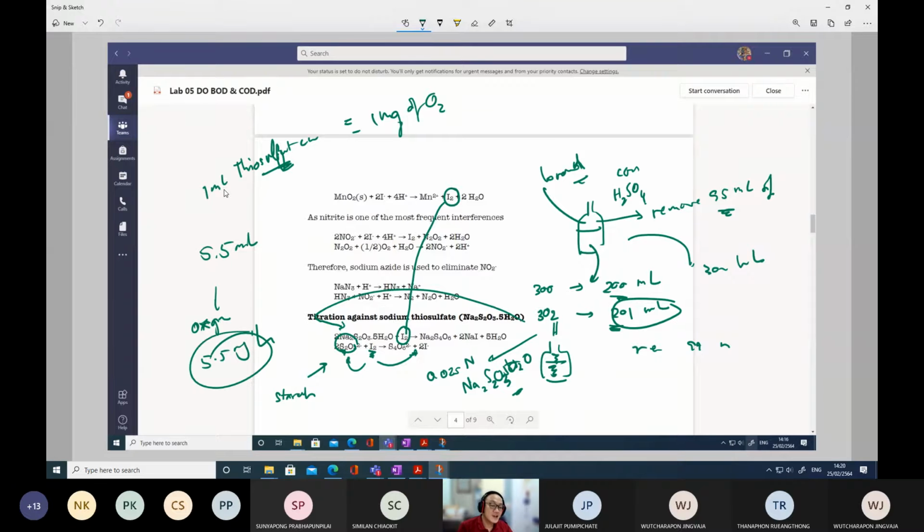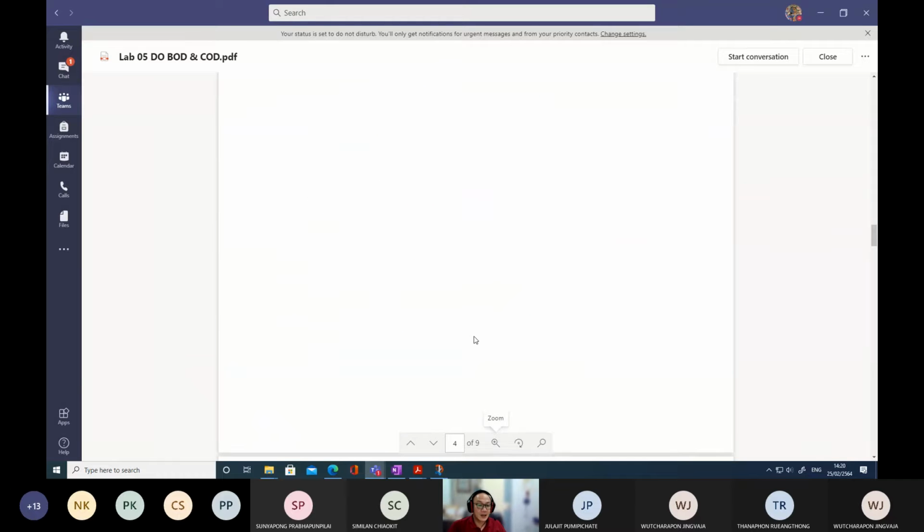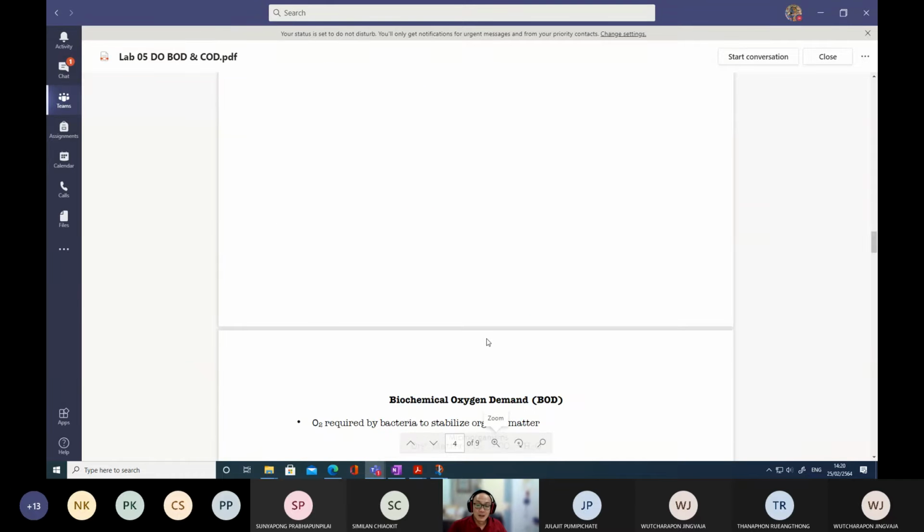So each milliliter of the thiosulfate is equivalent to 1 milligram of oxygen. So we get the number directly. We don't need to calculate it. So these are the theory behind the reactions which occur during the titrations.